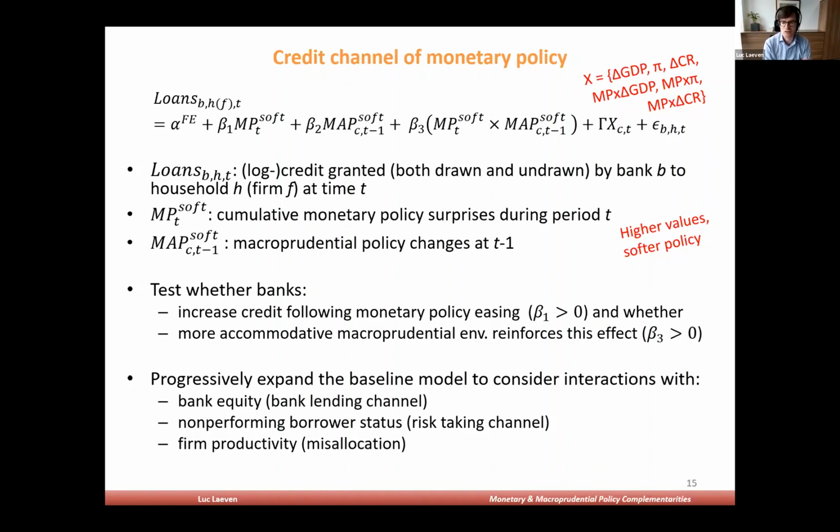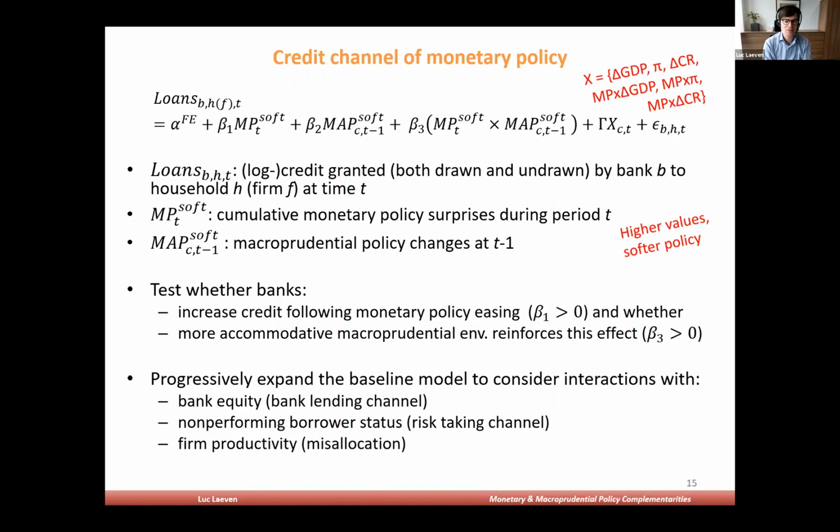The shocks are also over this period, so they are essentially also lagged relative to the measure of credit. The innovation here is to also consider interactions between these two policies and to estimate their effect jointly, including also a host of controls, GDP growth, inflation, and credit growth, as well as their interaction with monetary policy shocks.